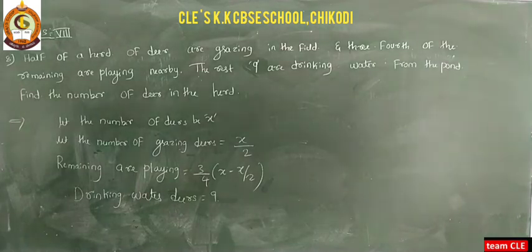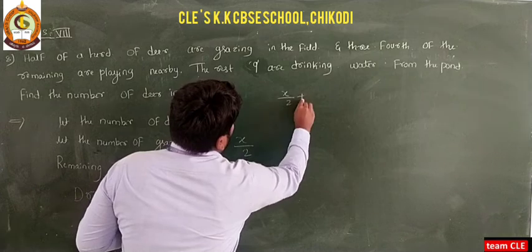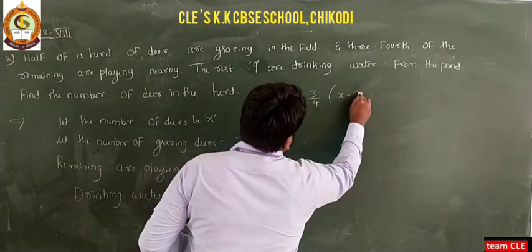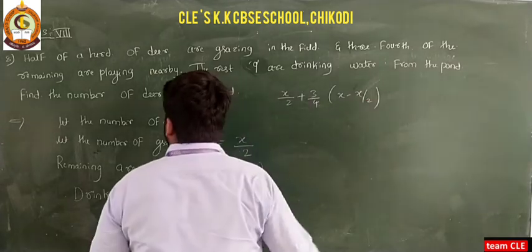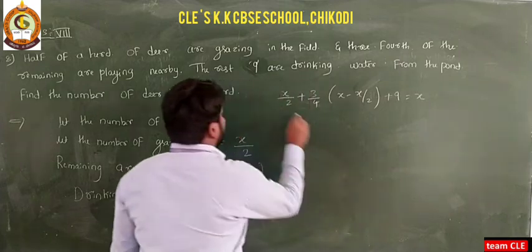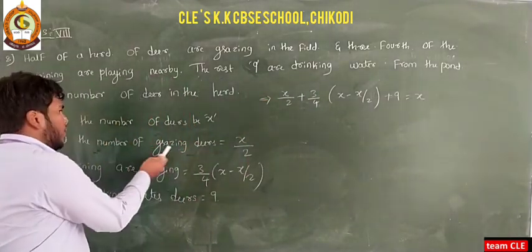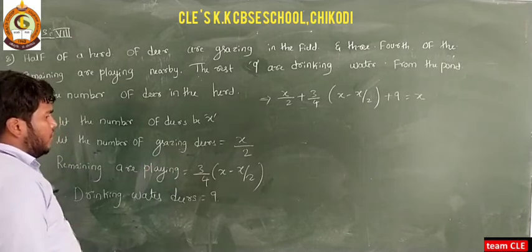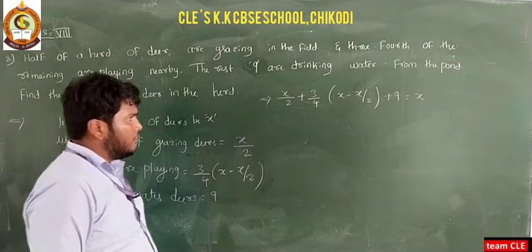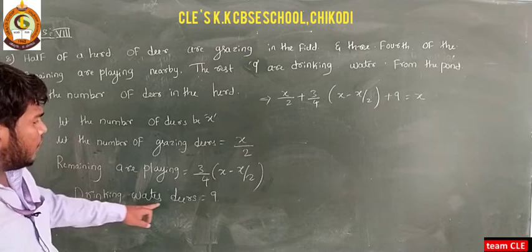So now what is the equation you will get? That is x by 2 plus 3/4 of x minus x by 2, plus 9, which is equal to x. So x by 2 is the number of grazing deer, plus the remaining playing, 3/4 of x minus x by 2, and those drinking water are 9.